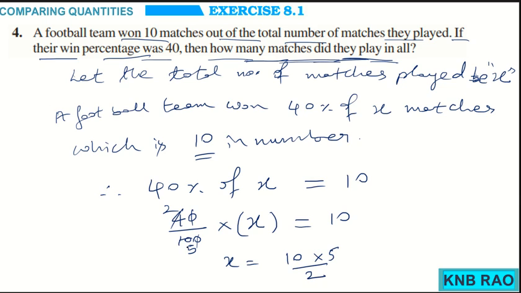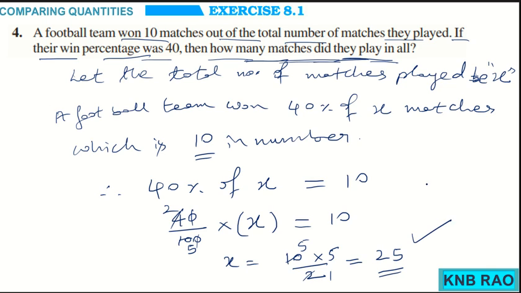This 2 by 5 fraction, if it comes this side, it multiplies by reciprocating. So, 2 1s are 2, 5s are, which means 5 5s are 25. You can now write the conclusion. So, the total number of matches played by the football team is 25. So, you need to write the conclusion.